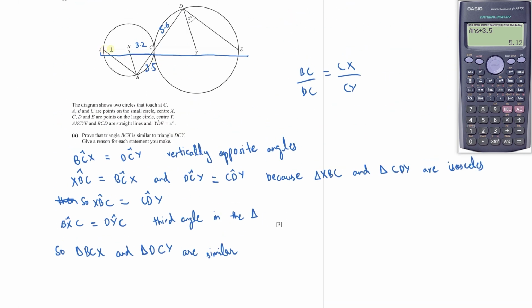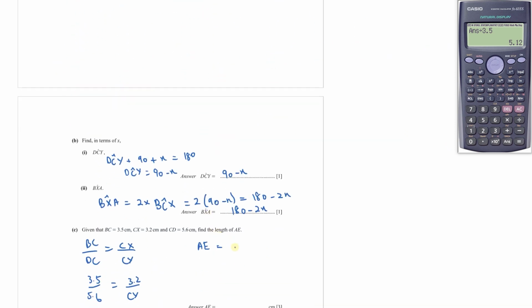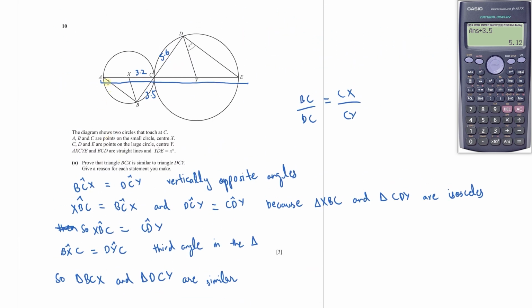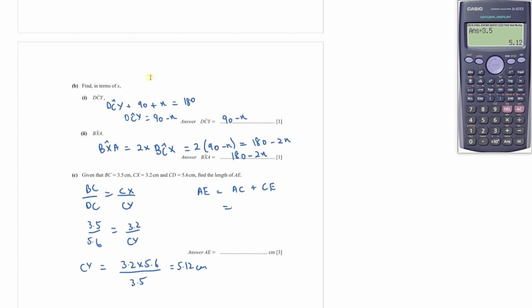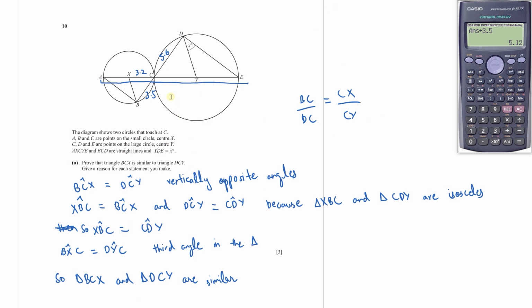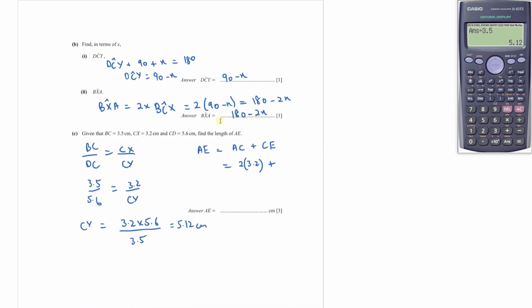Length AE is AC plus CE. So this is AC plus CE, and this length AC is 2 times this length CX, which is 3.2. 2 into 3.2 plus CE, this length here, is 2 times the length CY.